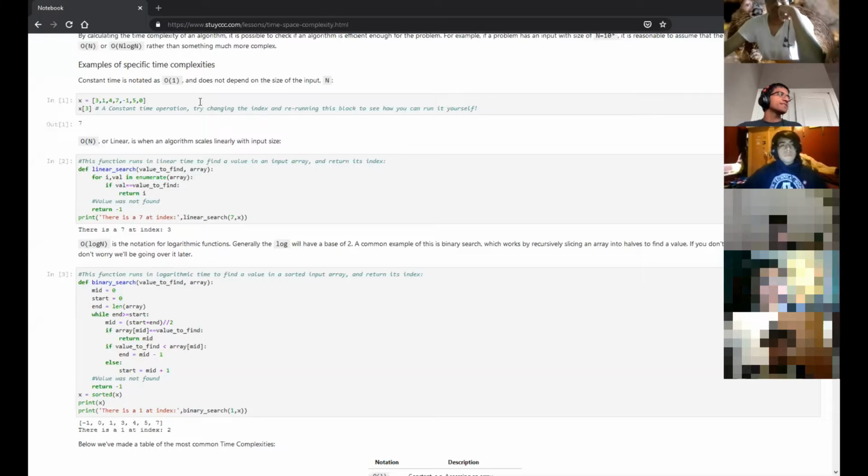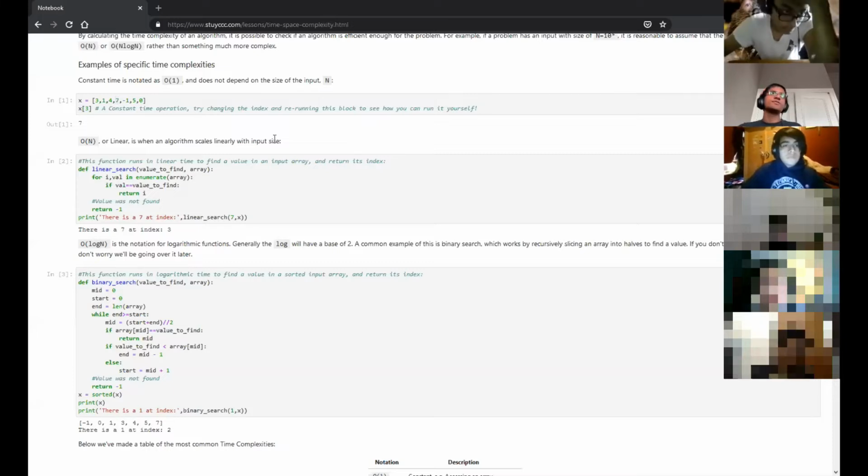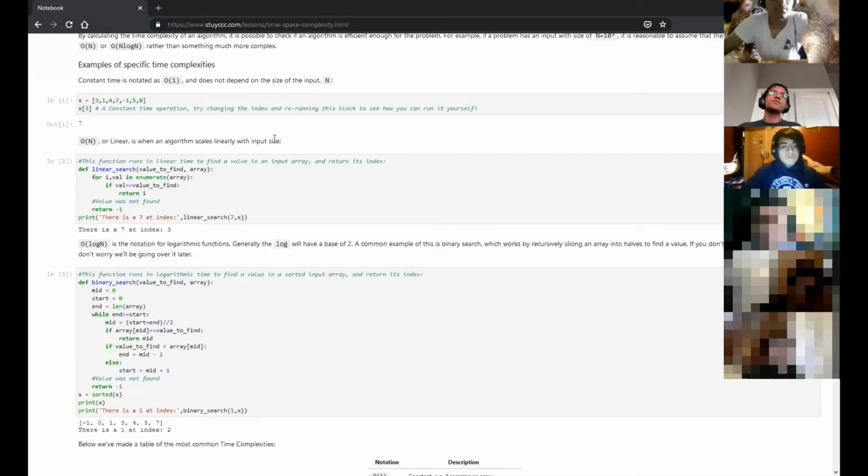So in this example here, we have an array, which is x, and in the array we have a set of values, and a constant time operation would be something like accessing the third index of x, which will always map to 7. Now, this only takes one operation, no matter the size of x. So if I were to continue adding to x, I could reasonably assume that it would not change the speed of accessing anything in x.